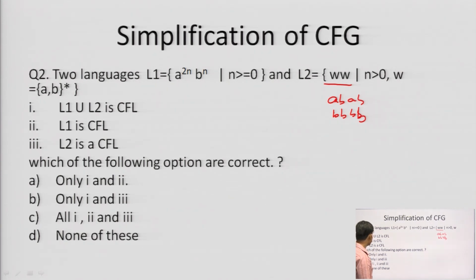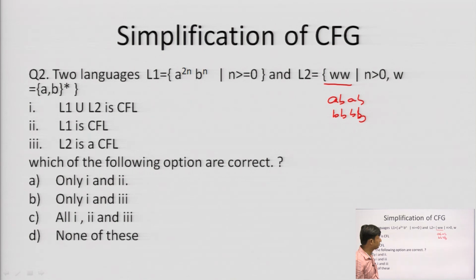So, here for L1 union L2, first you have to check L1. You know already that L1 is a CFL, there is one comparison, but L2 is not a CFL. L2 goes to WW, and this one is not a CFL.